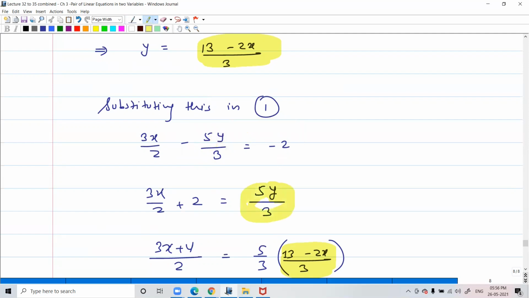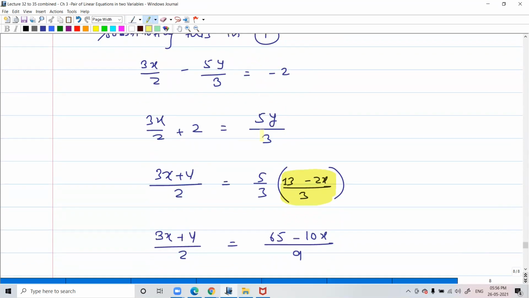Keeping it over here will be comparatively cleaner for this calculation. So I moved this minus 2 to this side. So this is what you have, 3x by 2 plus 2, and on the RHS you have 5y by 3. Now I'm going to put the value of y that we had already found, 13 minus 2x by 3.